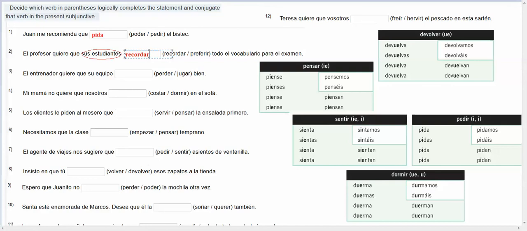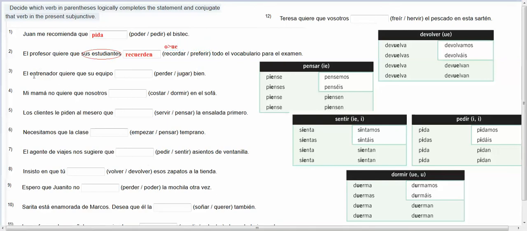Because it's for they, this is an AR verb, so remember the change happens everywhere but the nosotros and the vosotros. So I'm going to get rid of my AR, change my O to a UE, and then add my ending. It's recordar, so recuerden. Okay, and I'll put that up there, that recordar was an O to UE verb.